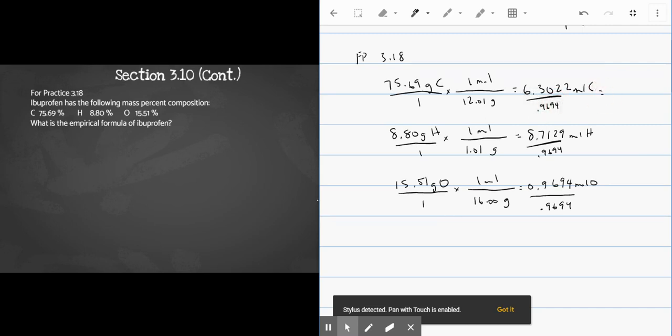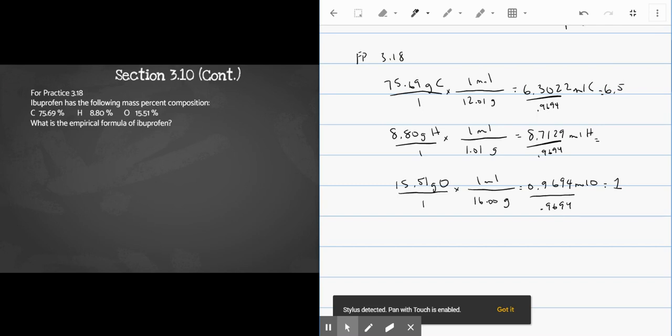Okay, and let's see what we get. So this divided by itself is going to be 1. 6.3022 divided by 0.9694 is 6.5.